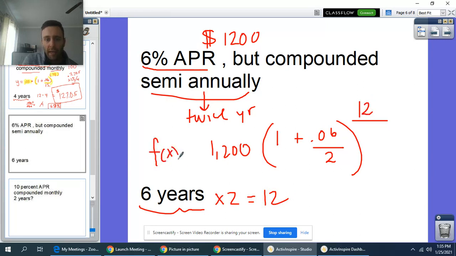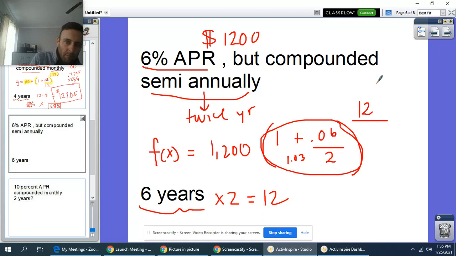So in order to get how much money I make, it would be f of x equals, you would do this part first. 0.06 divided by 2 is 0.03. So you would have 1.03 to the 12th power, and you would multiply that times 1,200.